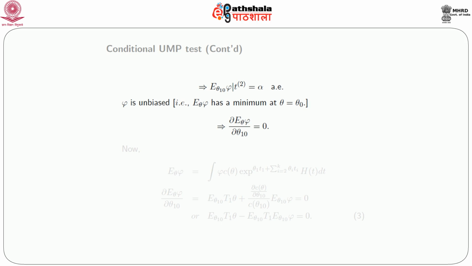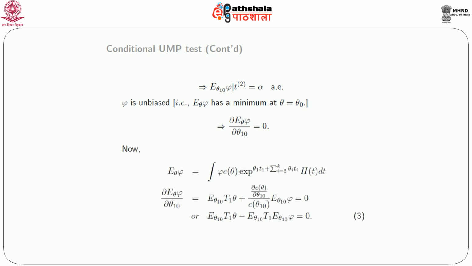Since phi is unbiased, that is, the expectation of phi under theta has a minimum at theta equal to theta naught, from the first order condition we have the derivative of the expectation of phi with respect to theta 1 naught equal to 0.